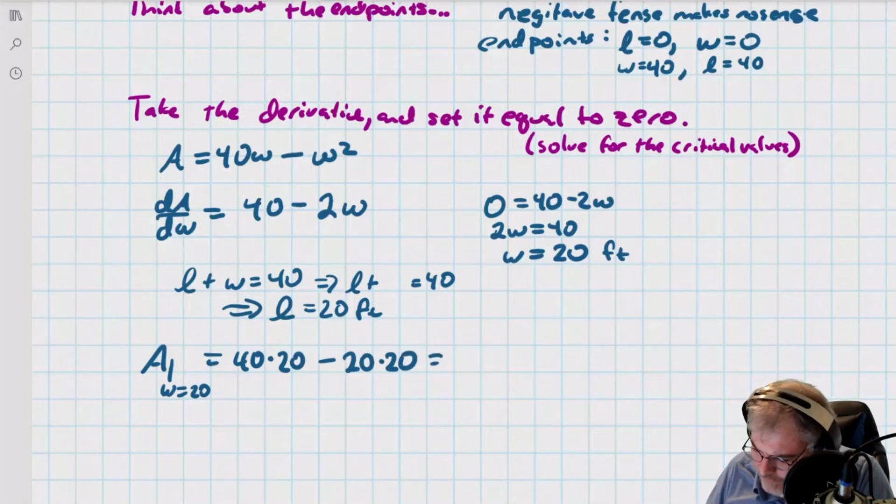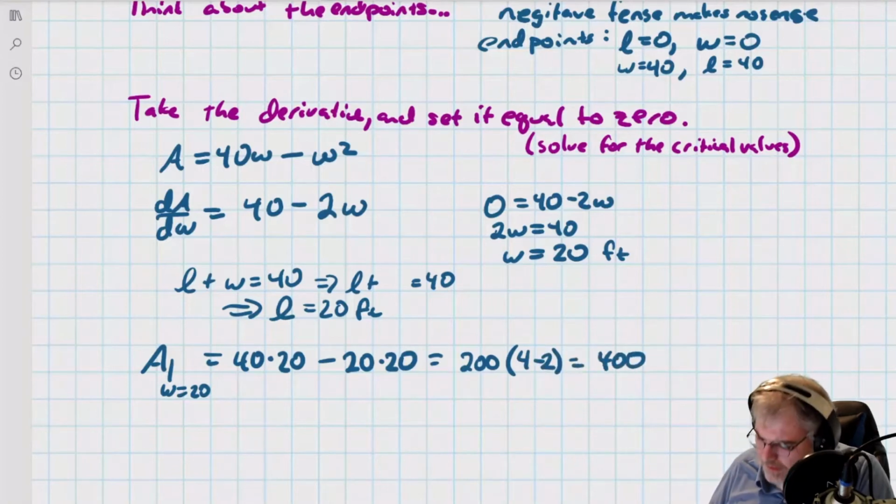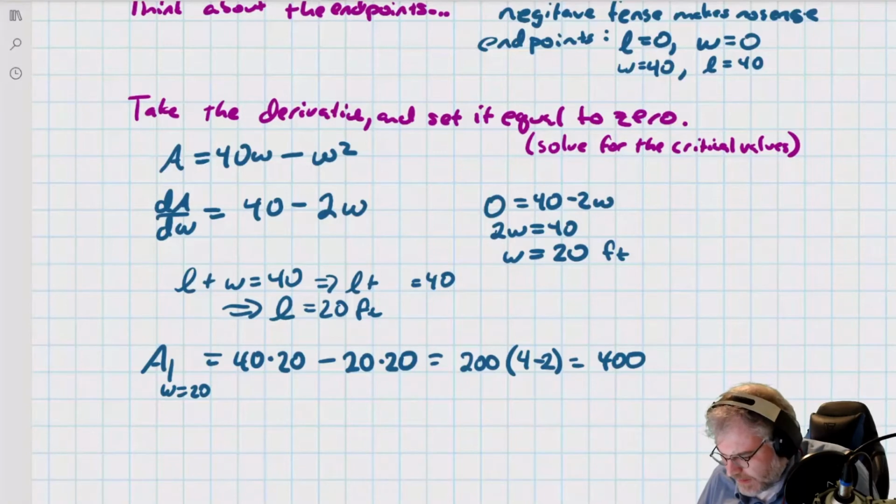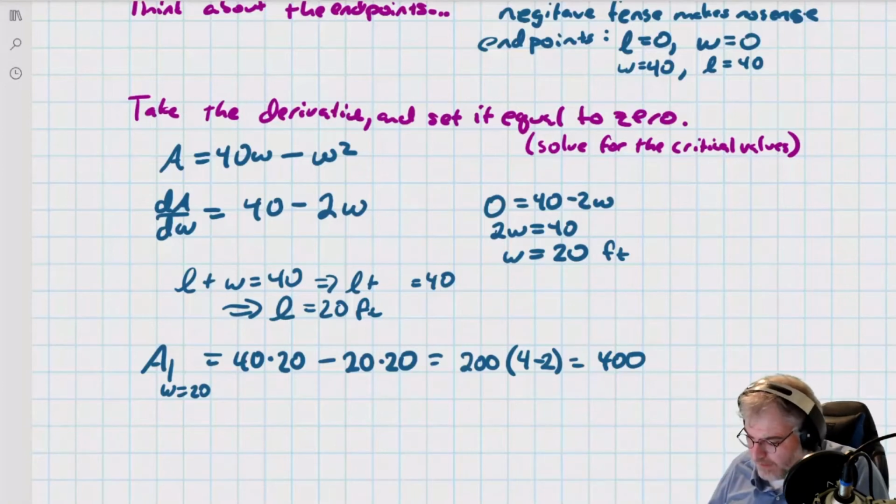I'm going to factor out a 200 here, and I'm left with 4 minus 2. That's certainly easier to do. Instead of messing with all those things, I just factored out a 200, and then I solved. Right? I did that right? Yes. Okay, and this is in square feet.